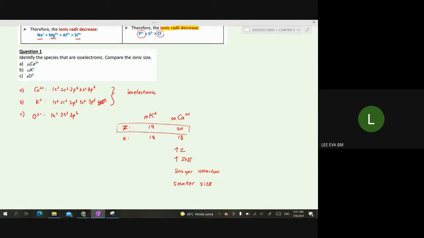All right, you can jot down the answer for example question 1. Isoelectronic is quite a popular question in past year questions every year. Even if you are not tested in the exam, it will surely come out in your assignment.